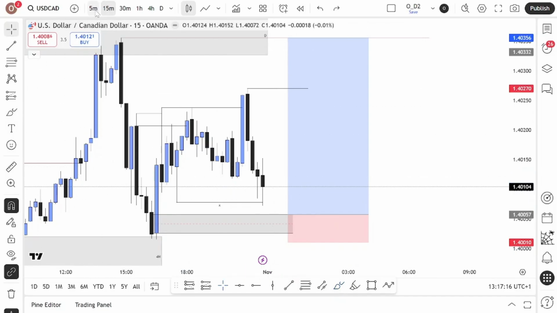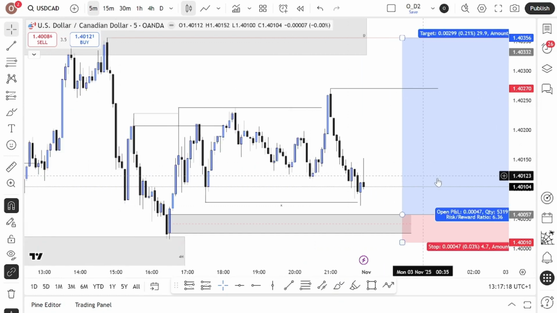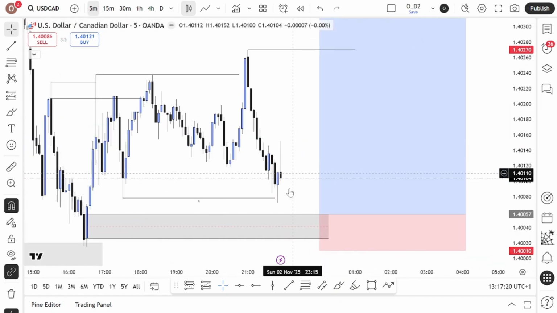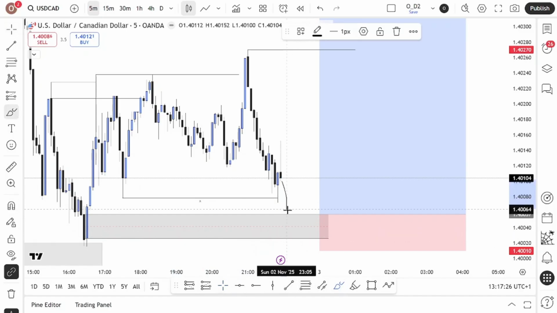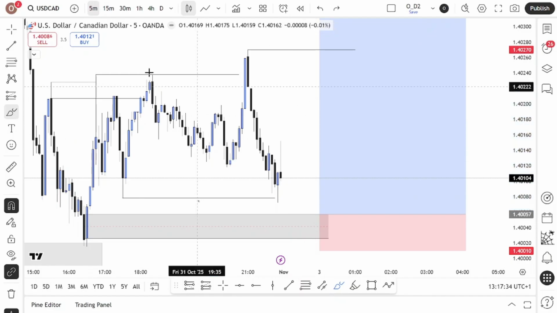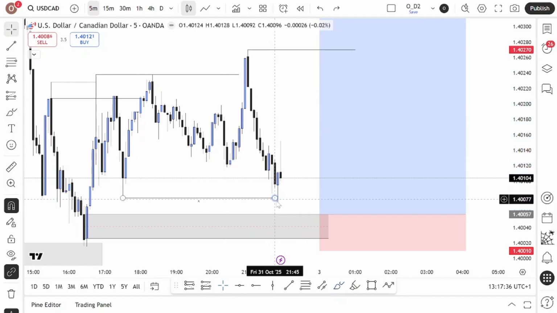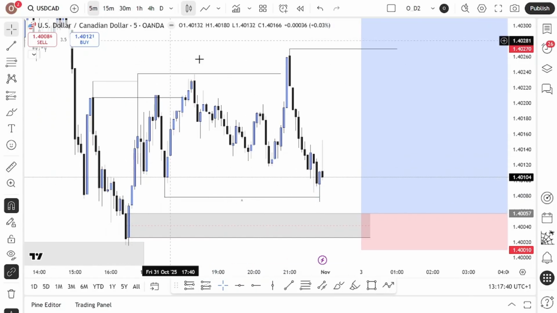I'll drop to the 5 minutes, then we can have this guy here. What I would love to see is maybe a tag, then push to the upside, then a retest, and then I can buy. So that is another way that we can anticipate this whole thing happening.